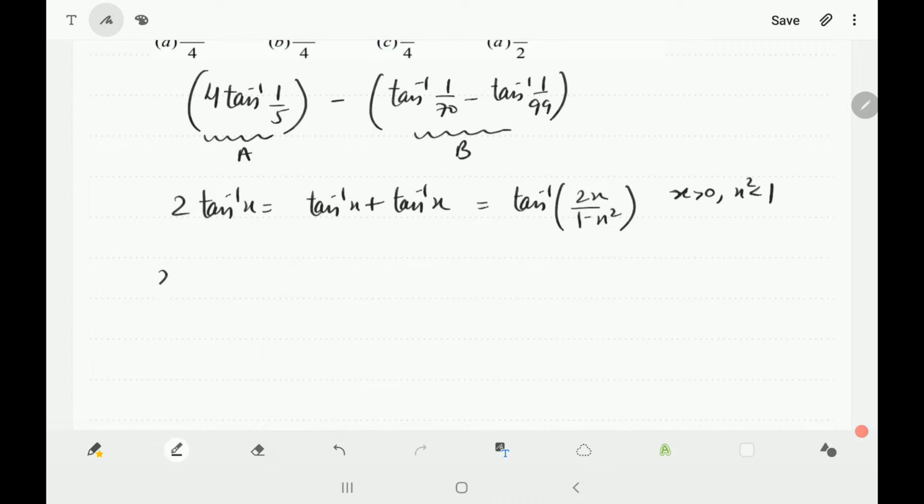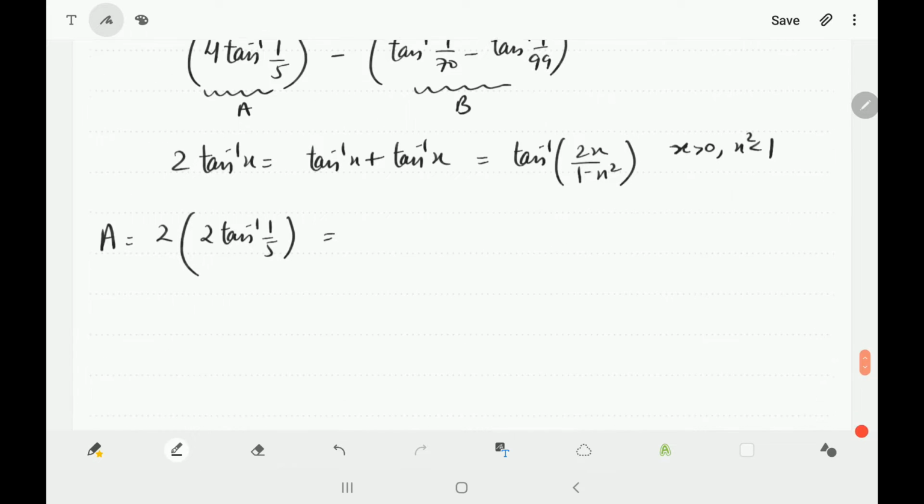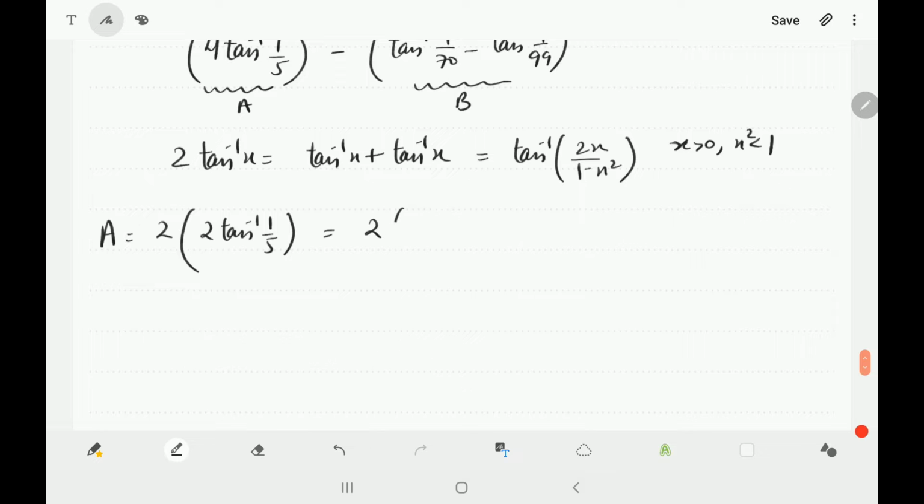So we can write this term as 2 times 2 tan inverse 1 by 5, as 1 by 5 is positive and the product of 1 by 5 with 1 by 5 is less than 1. So you can write this term as tan inverse of 2 into 1 by 5 upon 1 minus 1 by 25. Okay, so now we got this term.